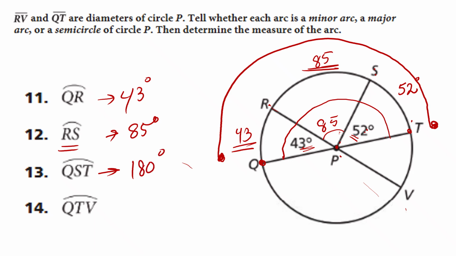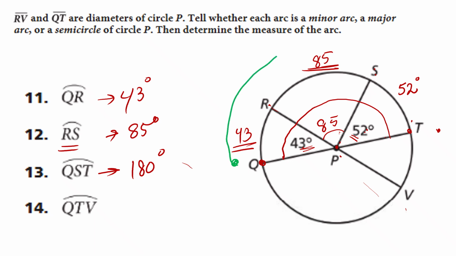Now RQTV. So in order to find the RQTV, it means from here, follow my green pen. Okay, I am erasing this one, follow my green pen, that Q, then I have to go to the T and then come back to the V. Okay, Q till T, I know that it is already equal to 180 degrees, right?